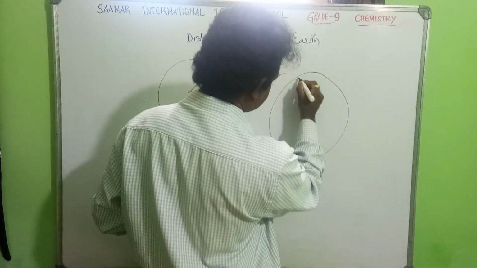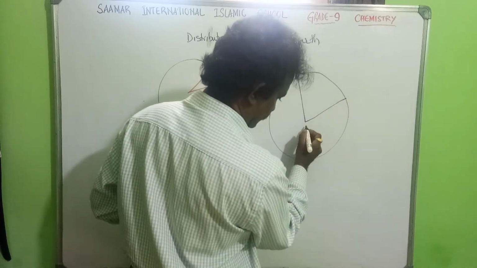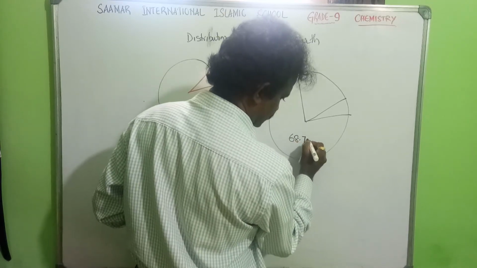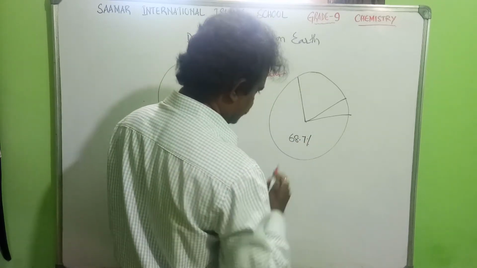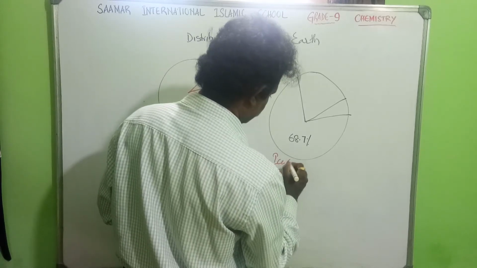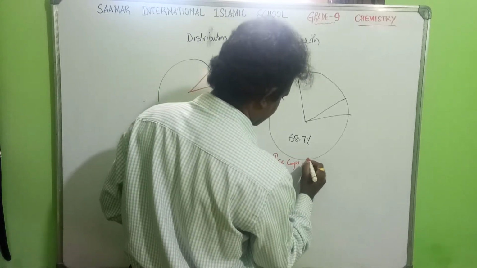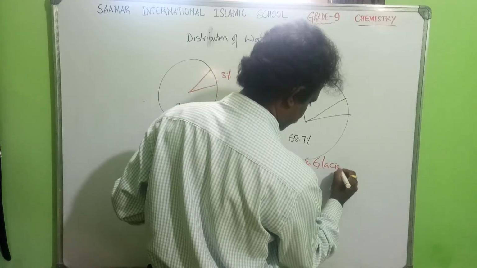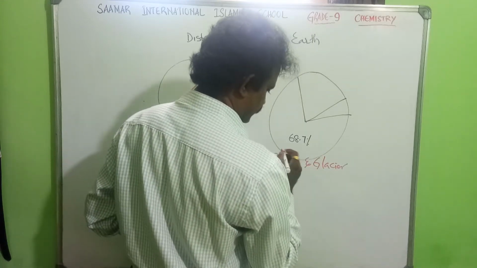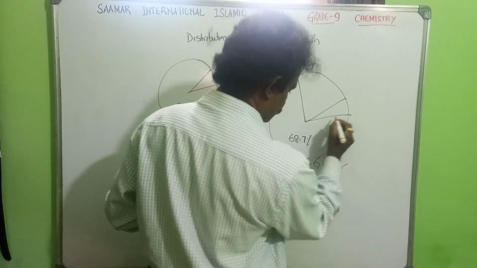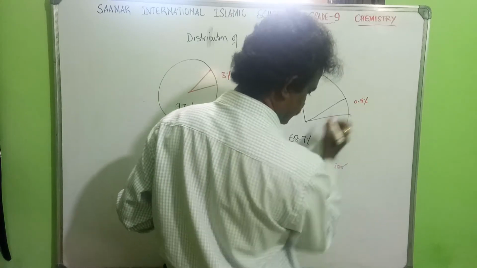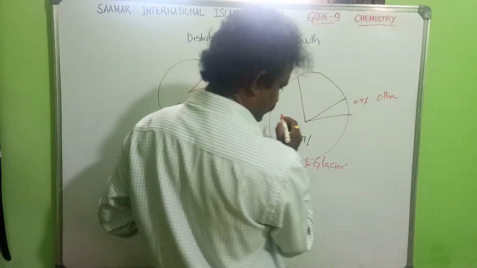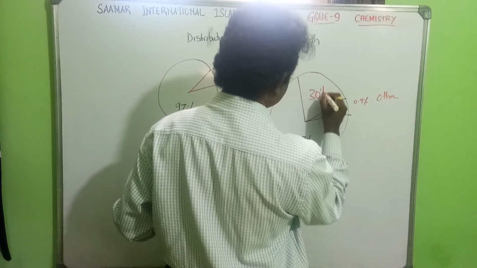In that 3%, 68.7% is ice caps and glaciers, okay, and 0.9% is others, okay, and 30% of this is groundwater.